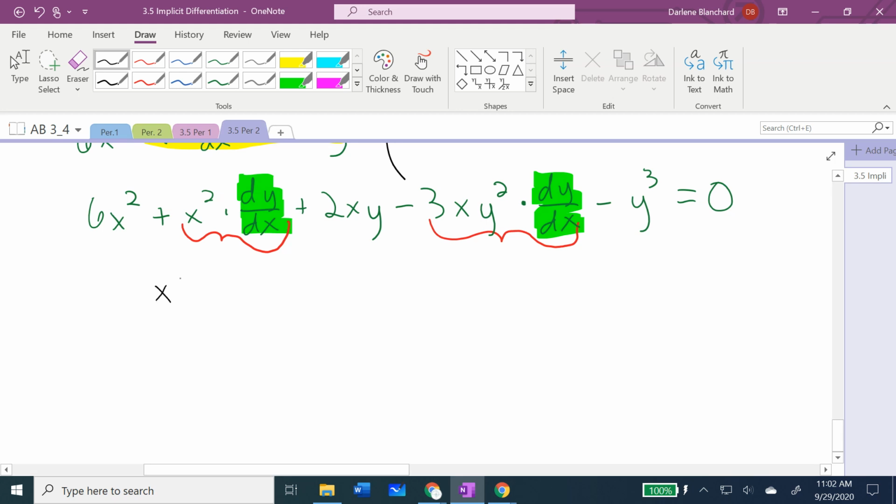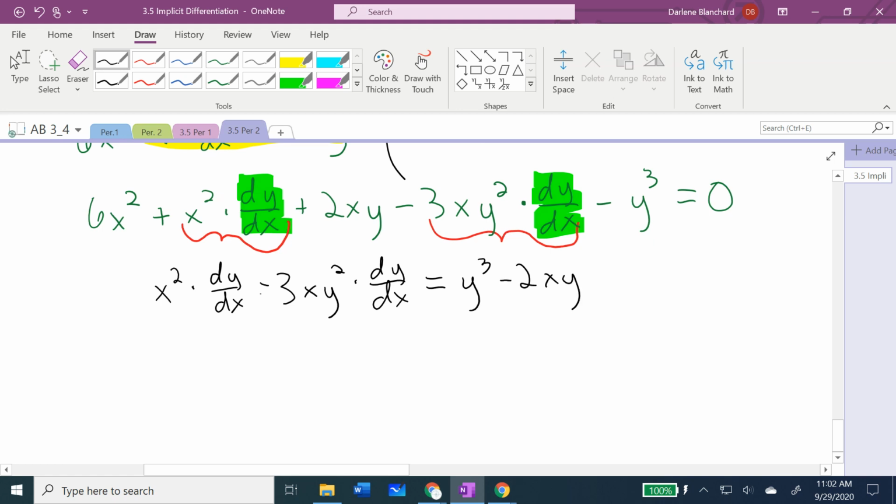So that means I'm going to keep this x squared times dy dx minus 3xy squared times dy dx. And I'm going to add, subtract everything over to the right. So I'm going to add y cubed. I'm going to subtract 2xy.